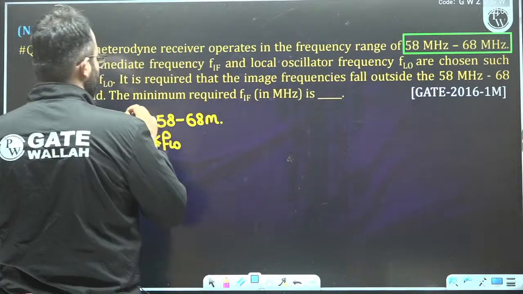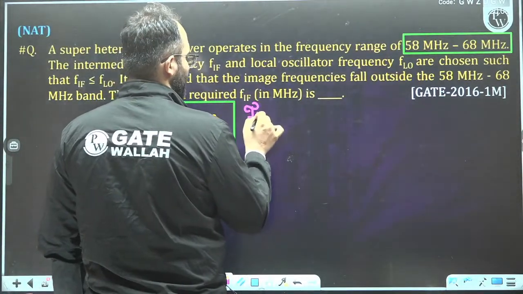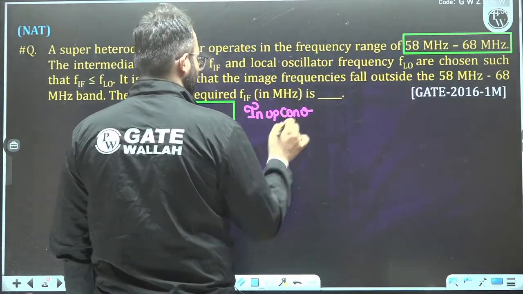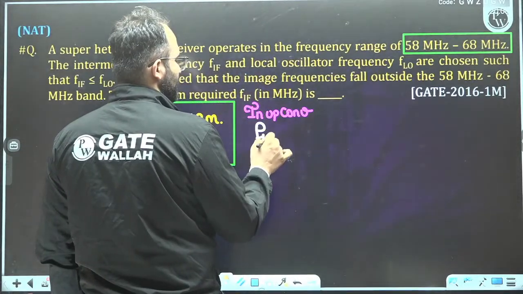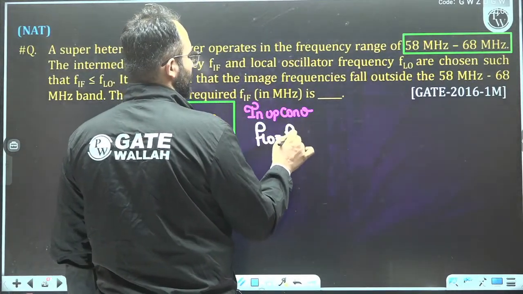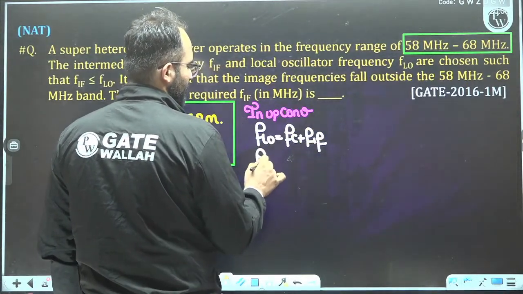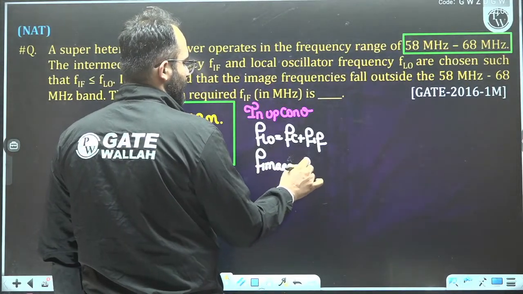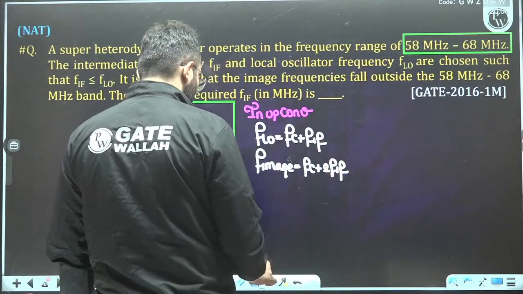Now generally we take the case of up conversion. So in case of up conversion, we can see that the local oscillator is Fc plus Fif and image frequency is Fc plus 2 Fif. Now what do we want?